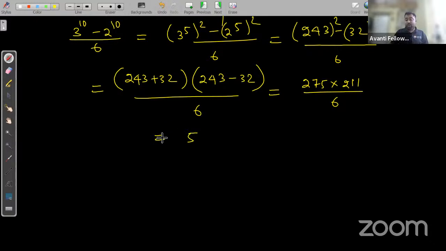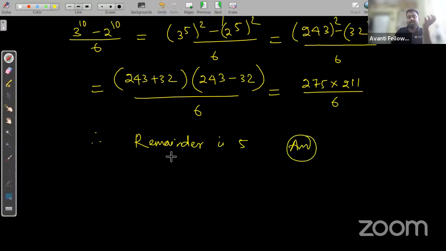When the numerator is divided by 6, we get the remainder 5.